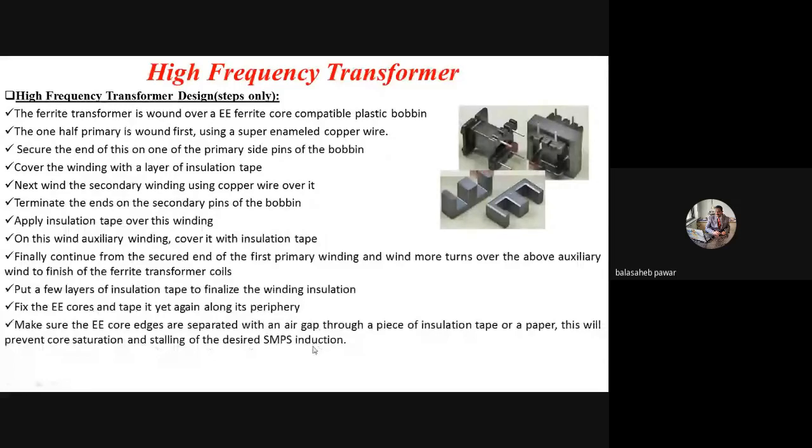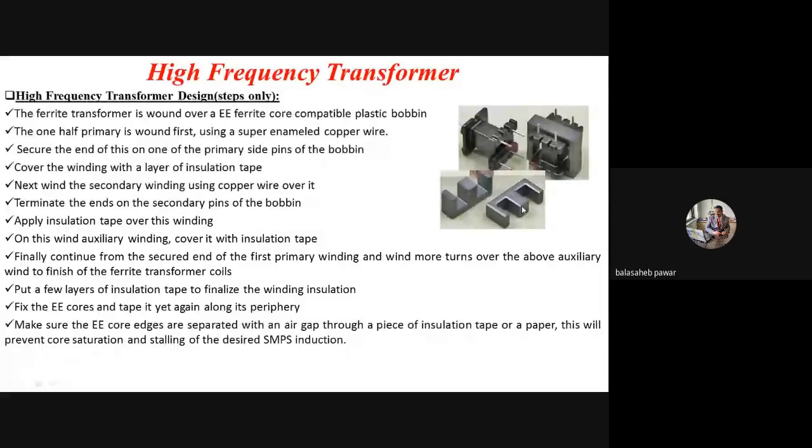See, this last point is somewhat more important whenever you are going to insert these 2 E-shaped ferrite cores across this bobbin. You will observe there are actually 3 faces to this E-shaped material. So whenever you want to fix both from the opposite side, don't touch these 2 faces directly with each other, right?